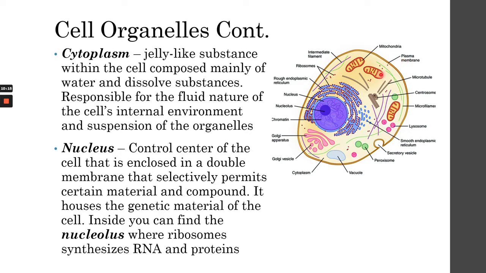Parang separated siya or isolated because we want to keep the genetic materials and the genetic makeup of the individual very, very secured kasi we don't want it to be just exposed outside. Otherwise, maraming mutation mangyayari sa isang tao. So we want the genetic makeup to be very, very secured. So that's why we have, can you imagine, double layers of protection.